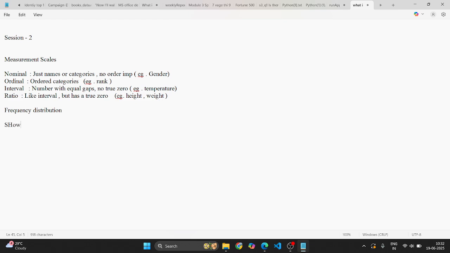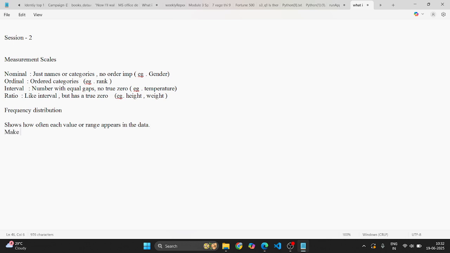It's nothing but it shows how often each value or range appears in the data.